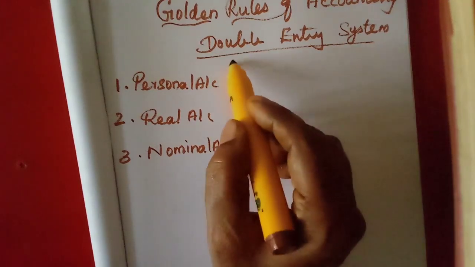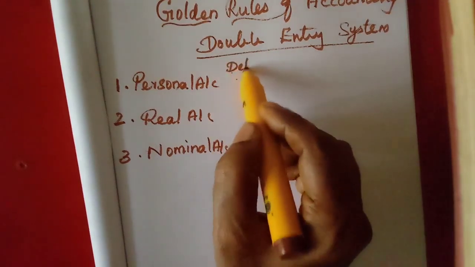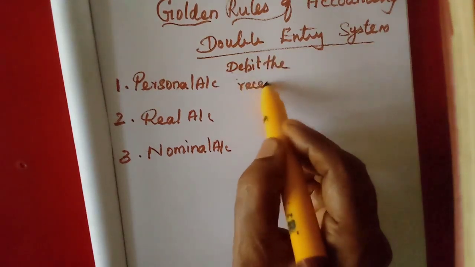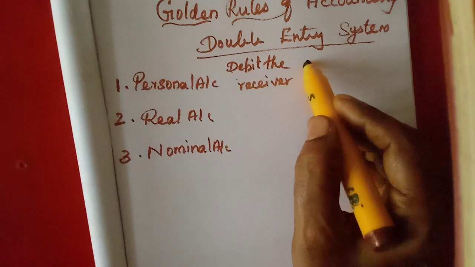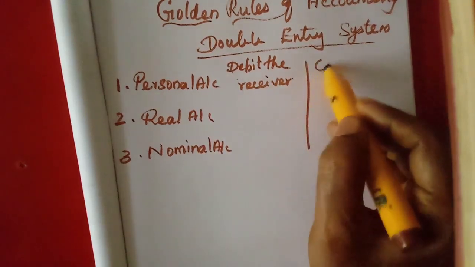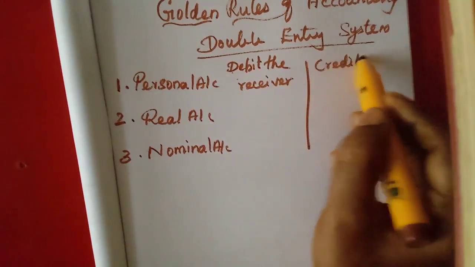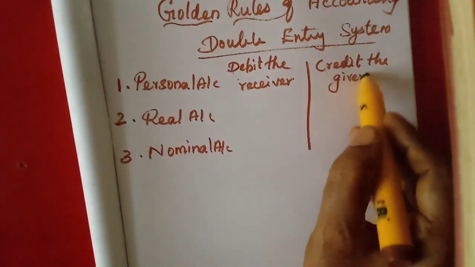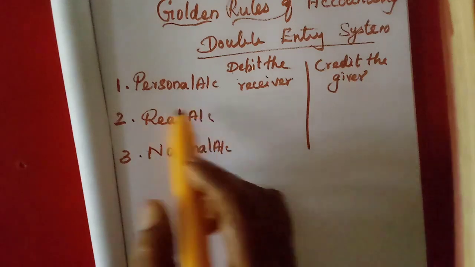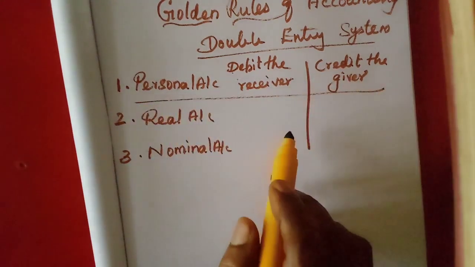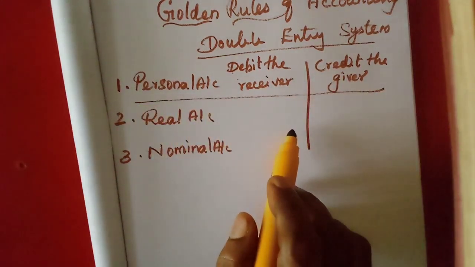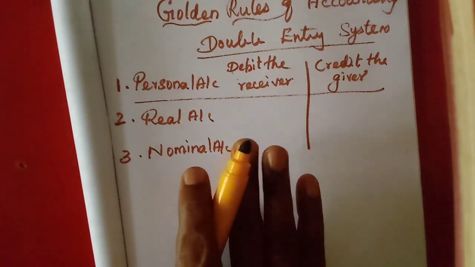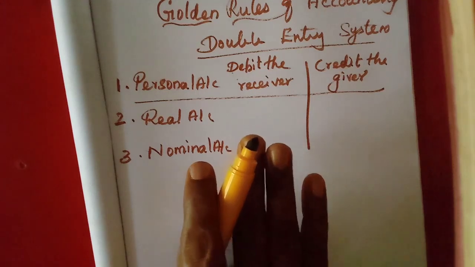Here, debit the receiver. Here we credit the giver. Next we should learn how to identify, for each and every transaction, the two accounts it affects, minimum two accounts.